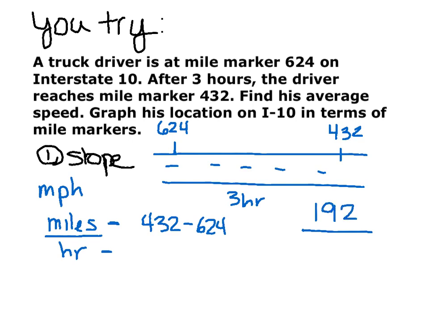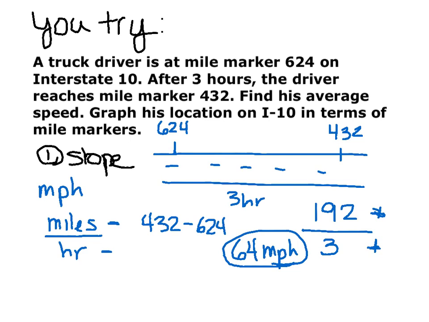That's the distance he drove. You can't think positive and negative here because this is distance. Distance is always positive. Direction is positive and negative. Time, that would be 3 hours. So his rate is 64 miles per hour. Change in distance over change in time.